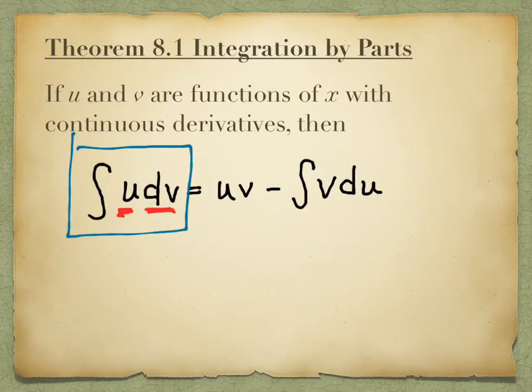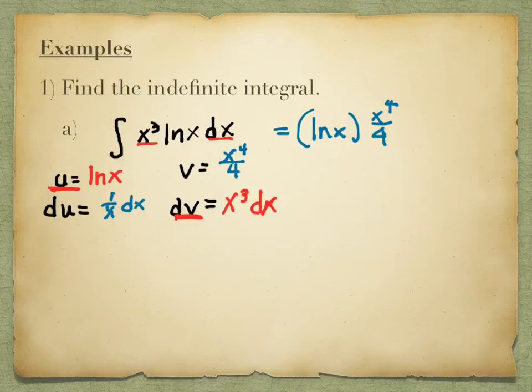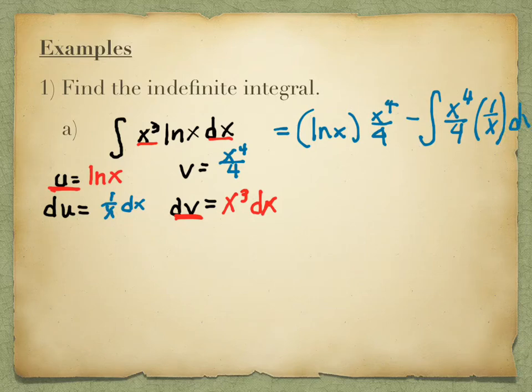Then it says I subtract the integral of v du. So I subtract an integral of v, which is x to the fourth over 4, times du, which is 1 over x dx.